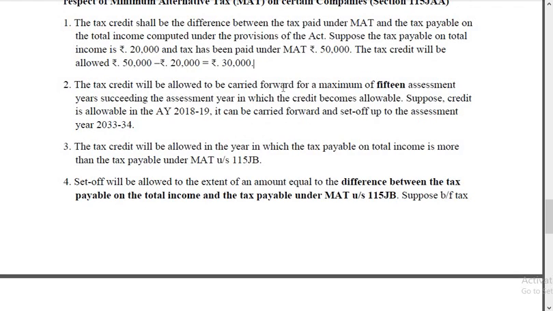The tax credit will be allowed to be carried forward for a maximum of 15 assessment years, succeeding the assessment year in which the credit becomes allowable. Suppose the credit is allowable in the assessment year 18-19, it can be carried forward and set off up to the assessment year 2033-34, for 15 years.